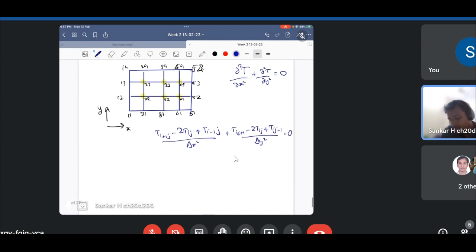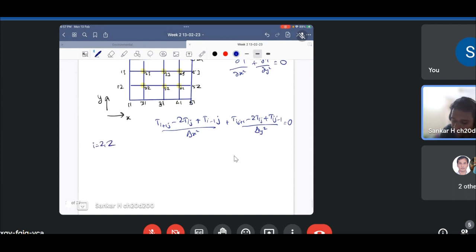Let us start by putting these equations at the point i, j equal to 2, 2. So we'll get the equation as T(3,2) minus 2 T(2,2) plus T(1,2), divided by delta x square, plus, and rather than putting delta x, we know that delta x is equal to delta y, which is equal to 1.